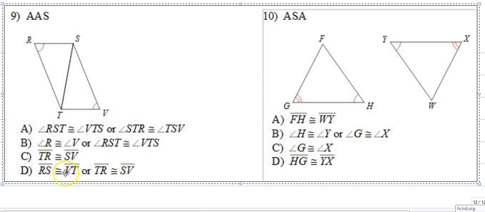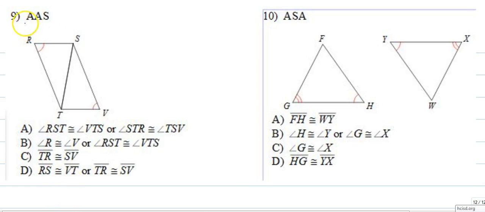And the last two questions. Number 9 wants you to make these two triangles congruent by angle, angle, side. First, these triangles are touching at a side. Now, angle, angle, side. We already have an angle here. We need one more angle. Which one? Is it this one or this one? It can be either one. So, a lot of choices here.